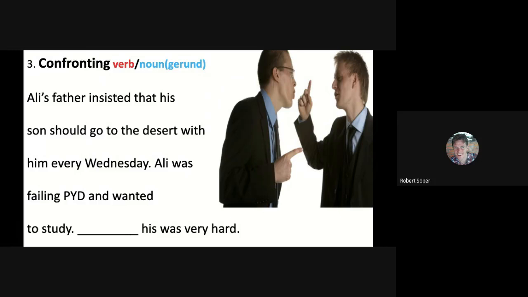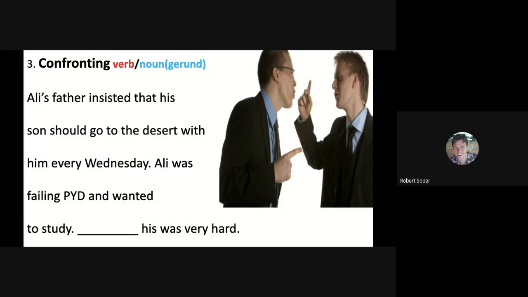So why that makes sense is because here we have a bit of a disagreement. Ali's father wants his son to go with him to the desert every Wednesday. Ali, alternatively, wants to study because he's failing the PYD. So he is going to have to challenge what his father wants.